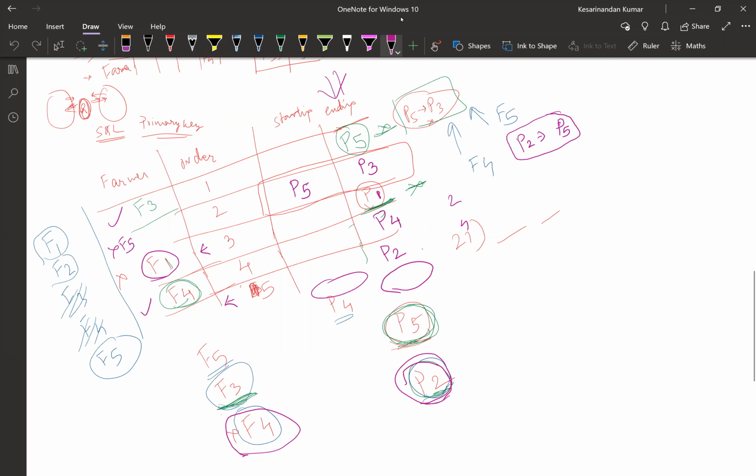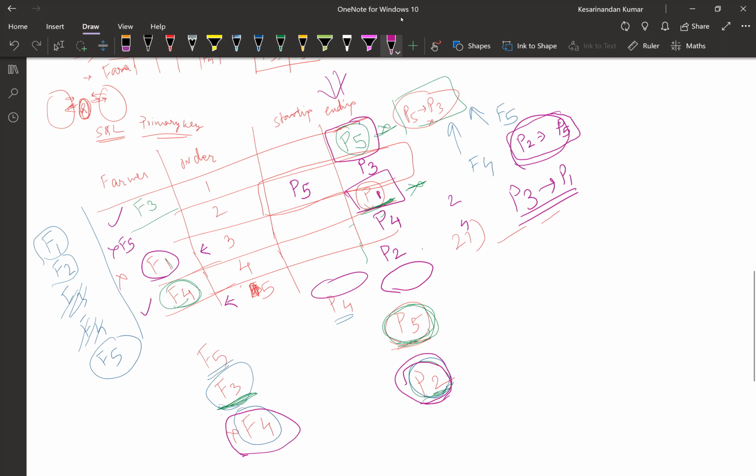Because I've seen how the question papers are set, how the question setters set the options. So P2 to P5 will be one region, and P3 to P1 will be one region. Now, do we have the ending points of P5 and P1? We have the ending points, right? Yes.